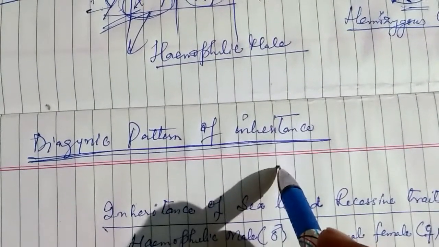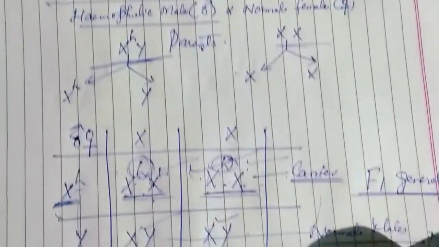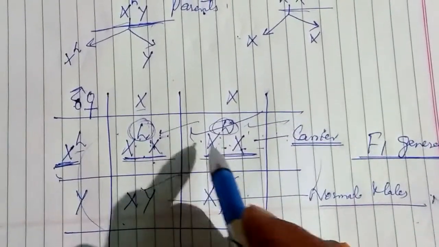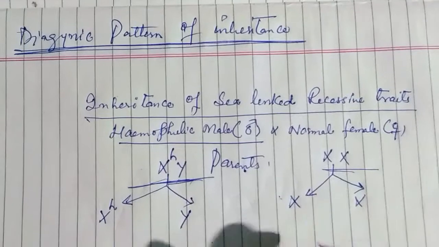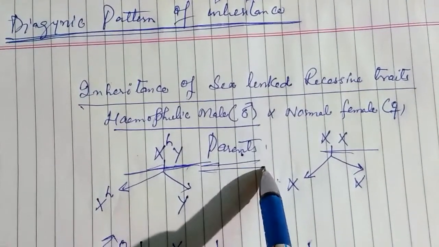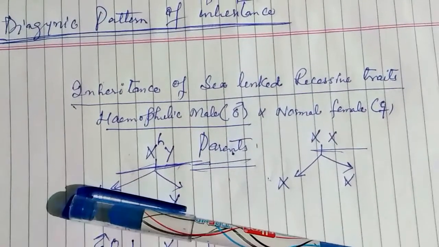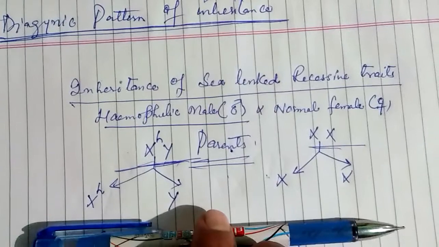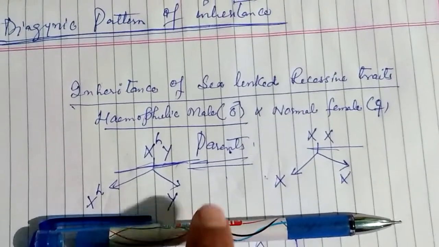It's also known as skip generation pattern of inheritance, as in the F1 generation none of the individuals suffers from hemophilia, although the females are carriers for hemophilia. It can also be called zigzag pattern of inheritance or crisscross pattern of inheritance. Hope that you have understood the crisscross pattern of inheritance.